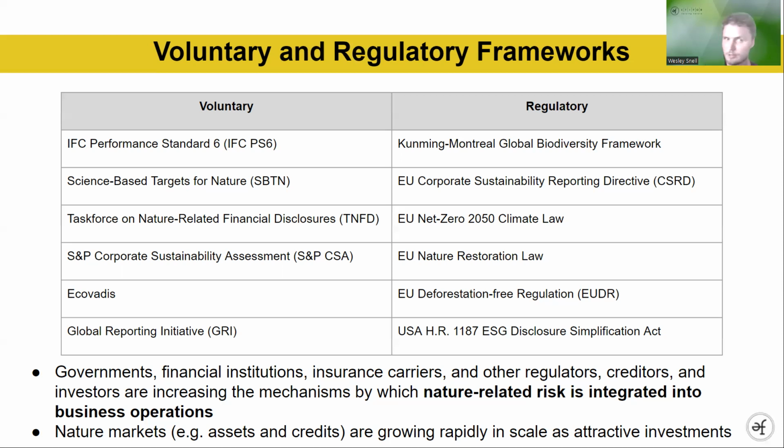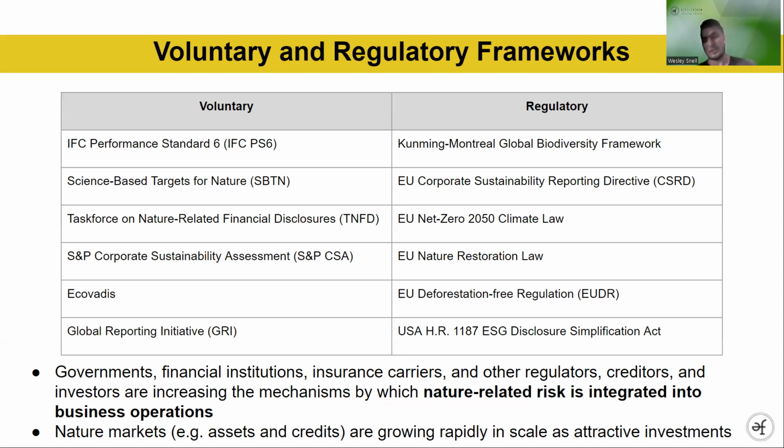Maybe some people in the room are familiar with the recently released science-based targets for nature, which is the nature positive equivalent of science-based targets for climate, as well as the Task Force for Nature-related Financial Disclosures. There are reporting and disclosure frameworks like the Standard & Poor's CSA, other sustainability frameworks, EcoVadis, the Global Reporting Initiative.